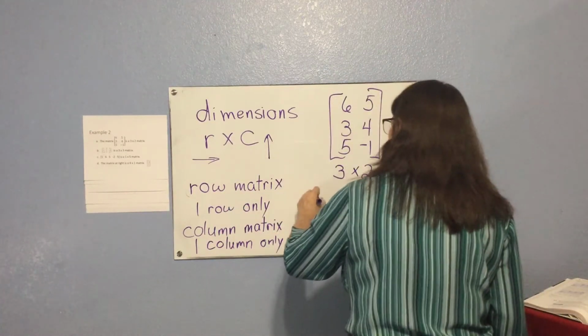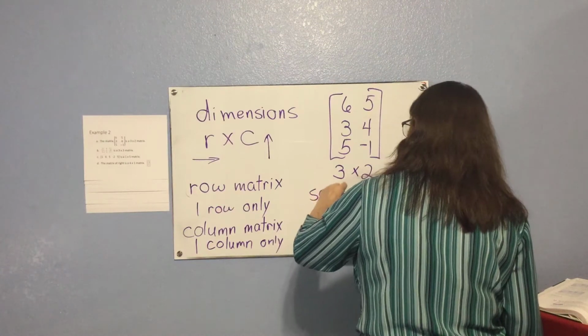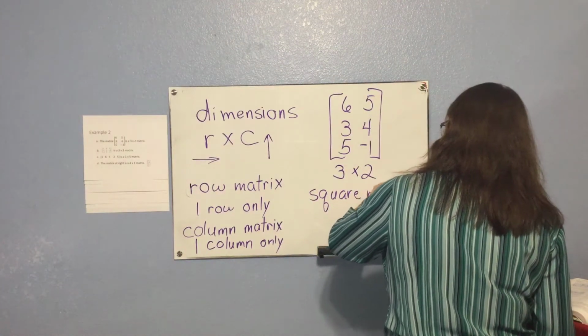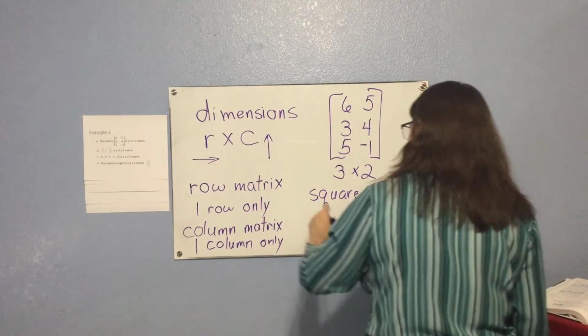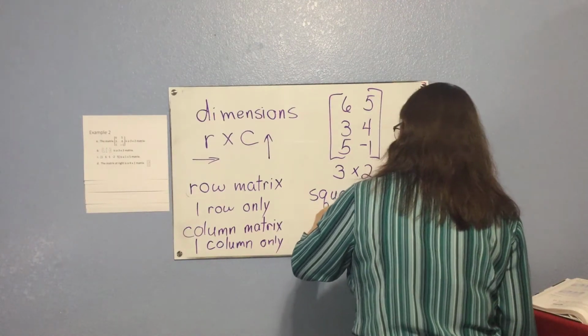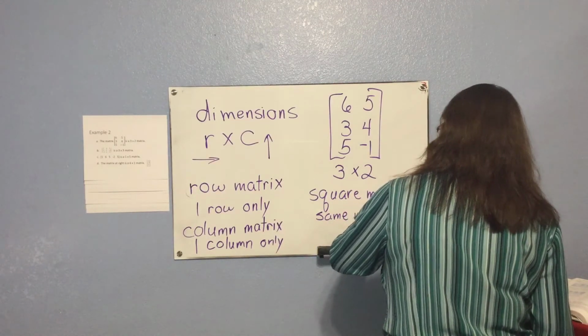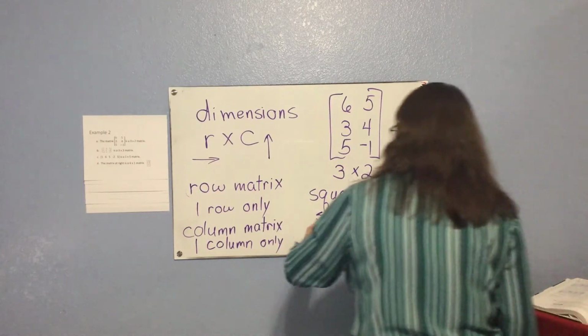We also have a square matrix, which is the same number of rows and columns.